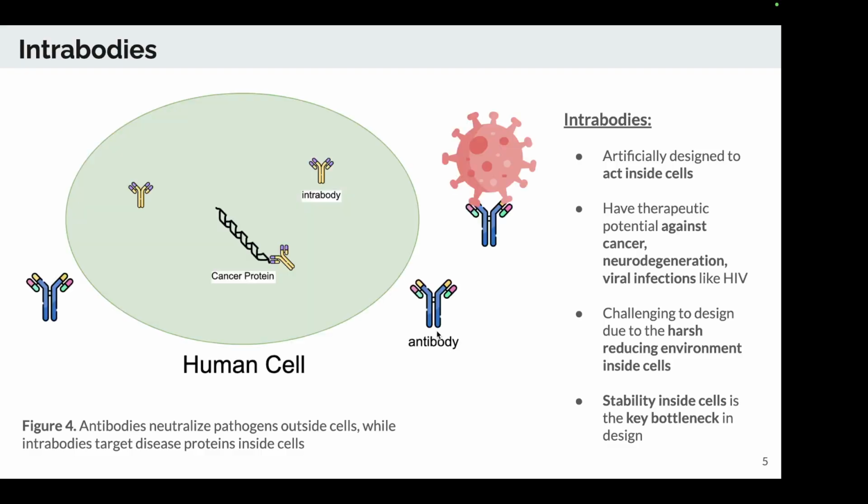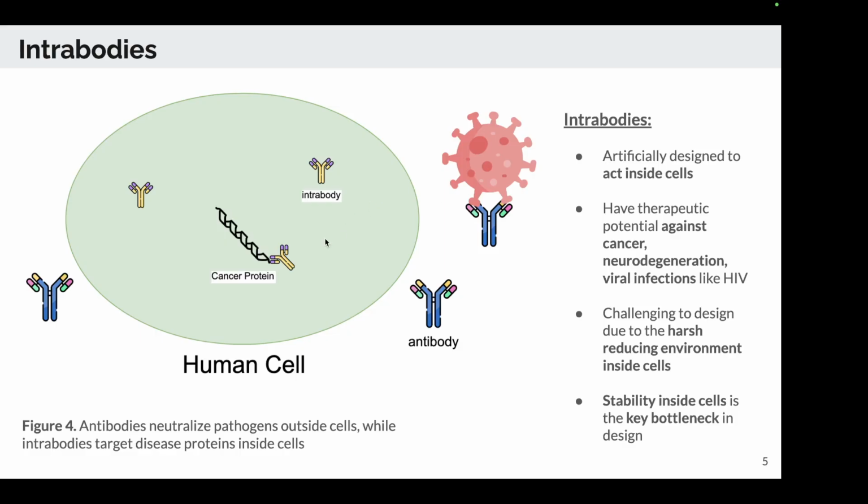There is a specific kind of antibodies, which is intrabodies. Intrabodies don't occur naturally, but they can be designed artificially to act within cells. As you can see on this schematic picture, conventional antibodies act outside of cells. Here it binds to a virus, for example.